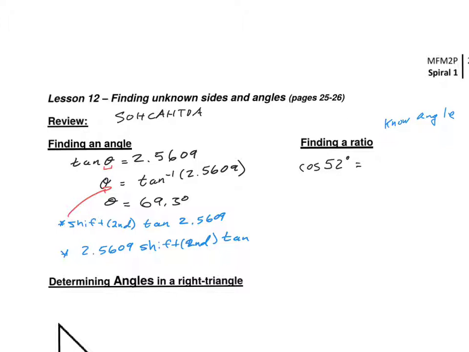You'd just punch cos of 52 into your calculator and it would give you the ratio of 0.6156. Literally all you're going to do is cos of 52 equals. On some other calculators, you have to write 52 on the calculator and then hit cos. And that will give you your answer.